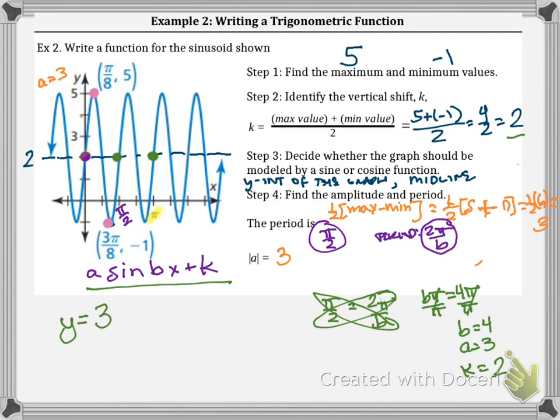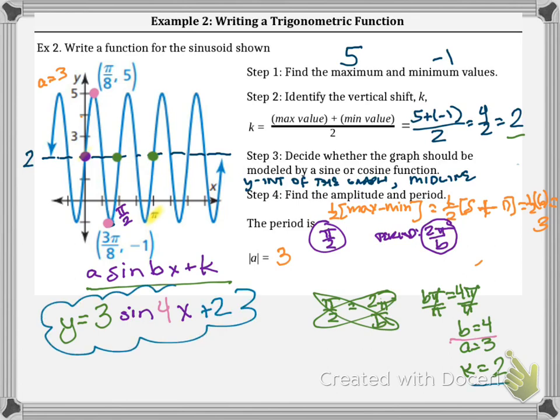Then we have sine of our b value, and b is this 4, so 4, then we have x plus k, so whatever our vertical shift is. In this case, our vertical shift is up 2. So here is the equation of this sinusoid.